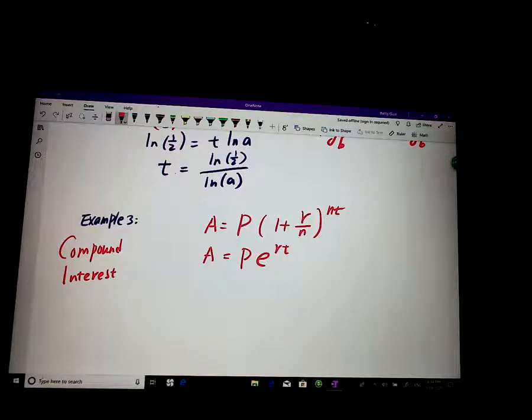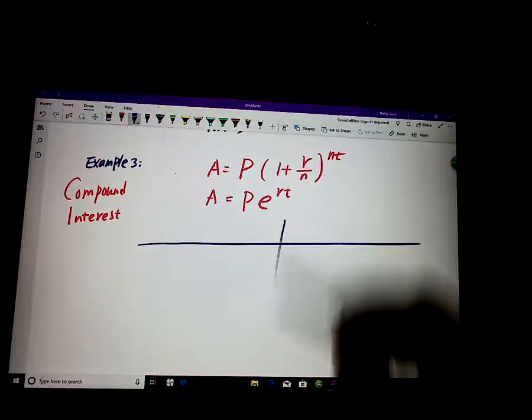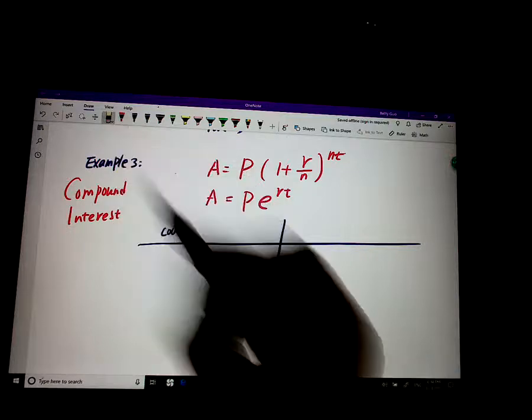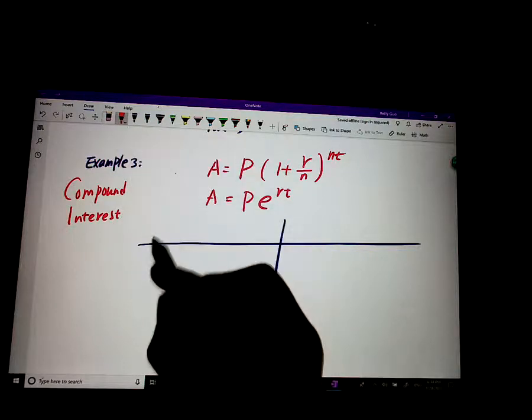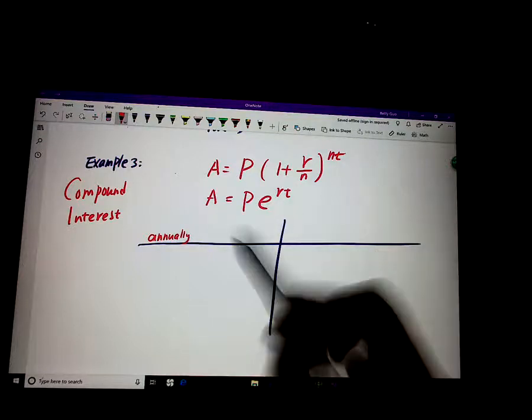Melissa has recently inherited $15,000 that she wants to deposit into a savings account for 10 years. She has determined that her two best options are an account that compounds annually and another that compounds continuously. So here I'm going to make a table. Two options, right? The first one is compounded annually, so n equals 1.